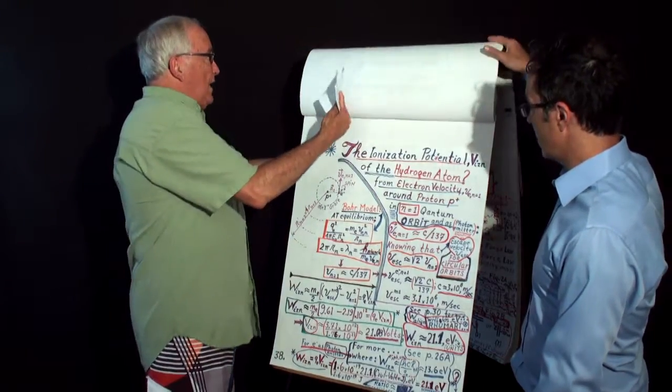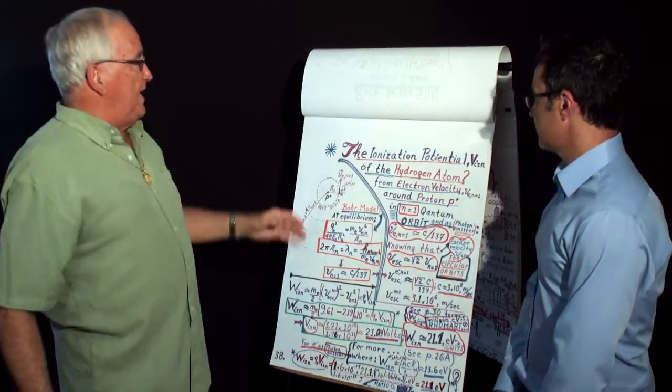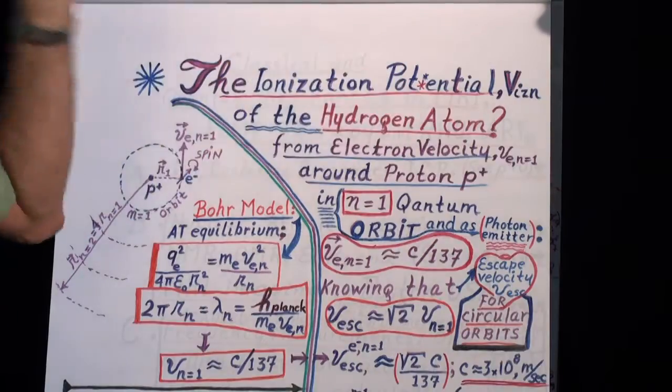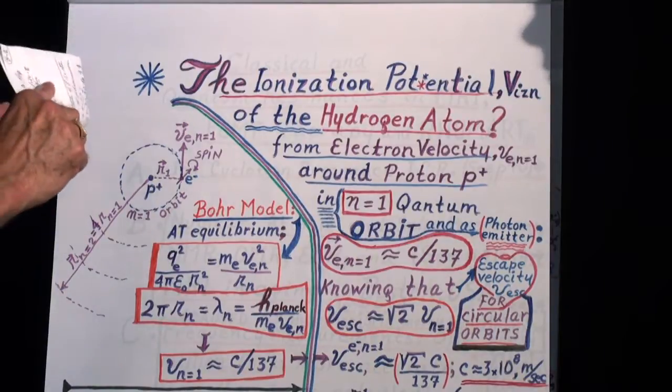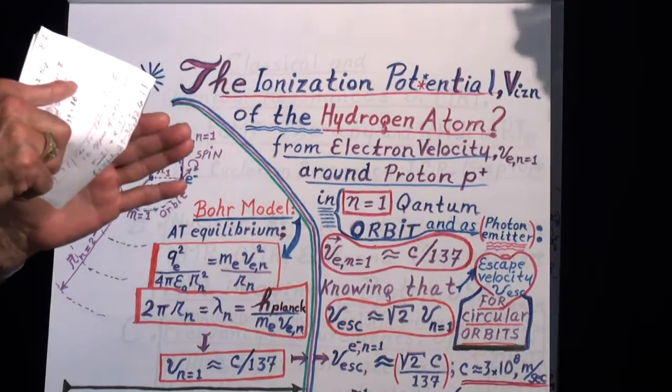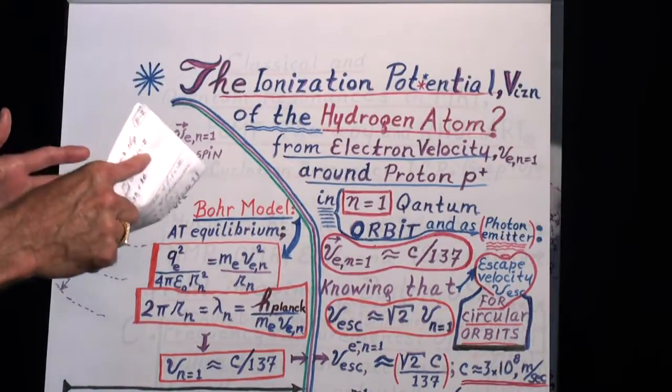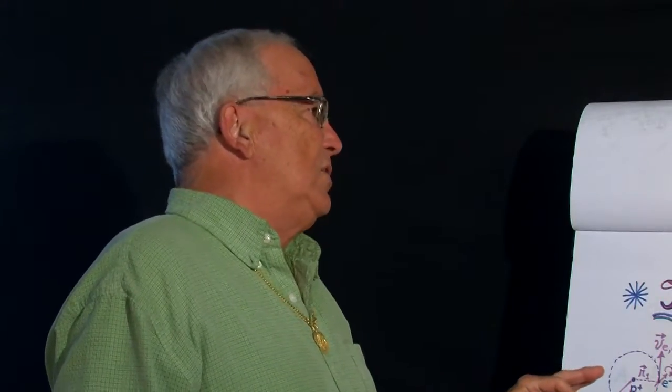So here I just want to mention a few things about ionization potential. Because here I talk about classical mechanics and I touch some subjects of atomic physics. When you get to the level of atoms and molecules, it's really quantum mechanics that applies to understand how things behave there.